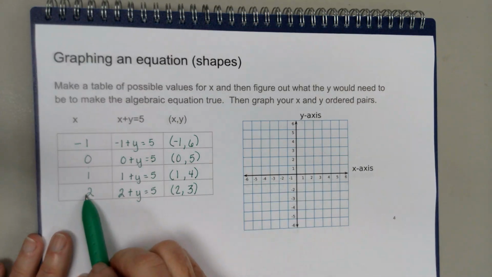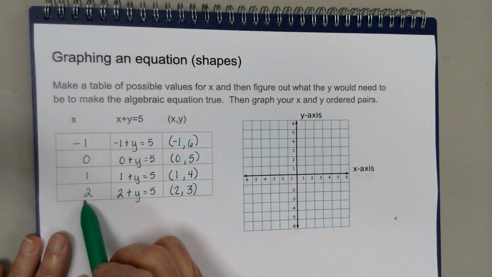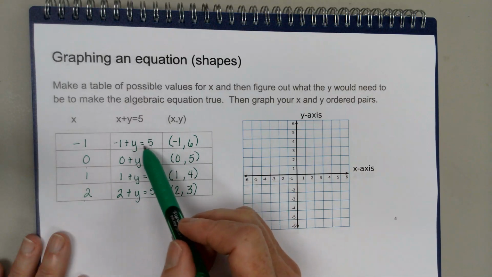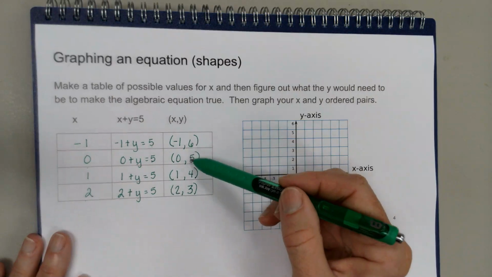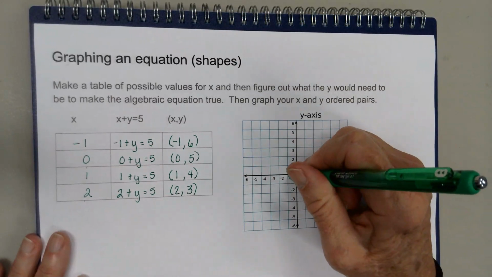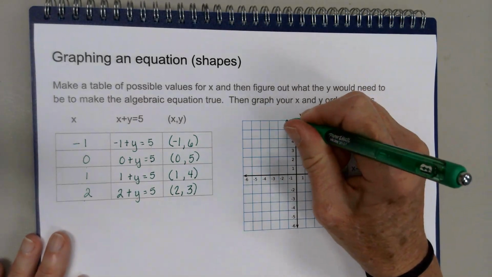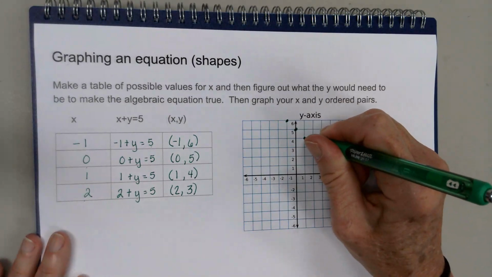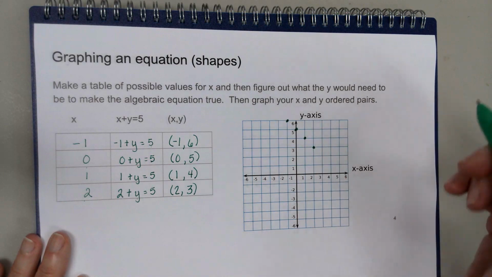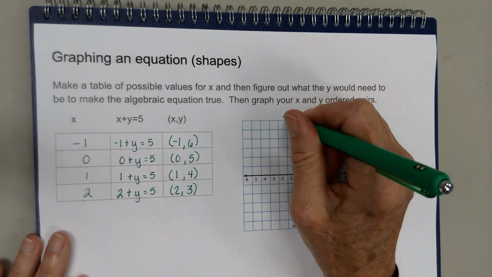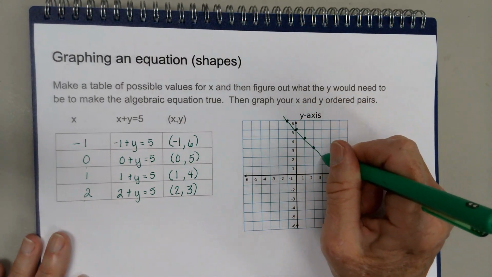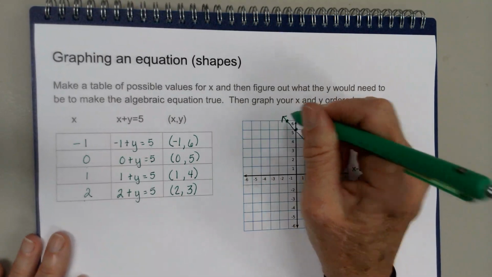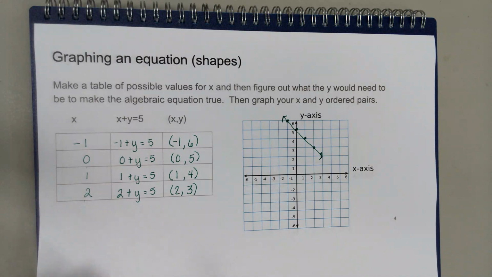So this is where I get my x from. I just picked those, and then I look to see what the y would have to be to make that equation true. And that gives me these ordered pairs. So I have -1, 6, I have 0, 5, I have 1, 4, and I have 2, 3. Now you'll notice that forms a straight line. So go ahead and put a line through it and put arrows on both sides.